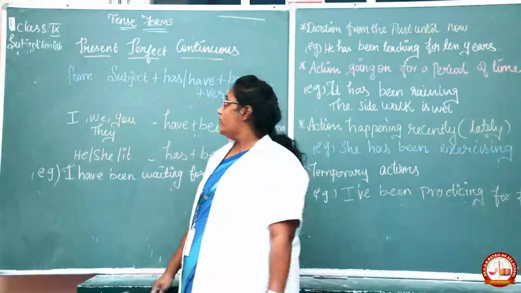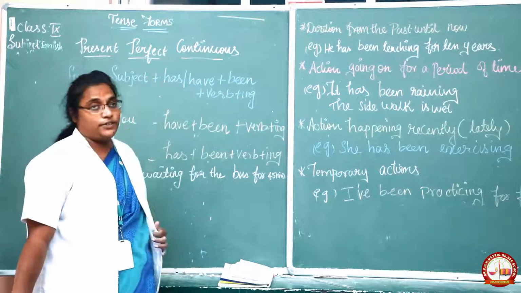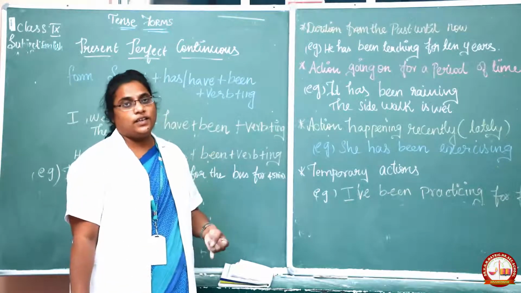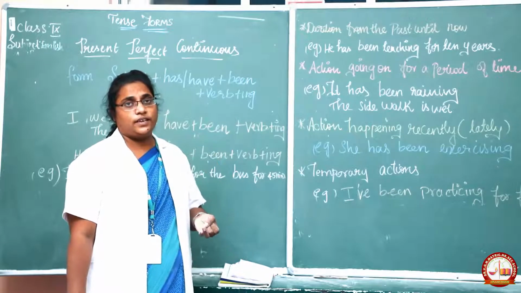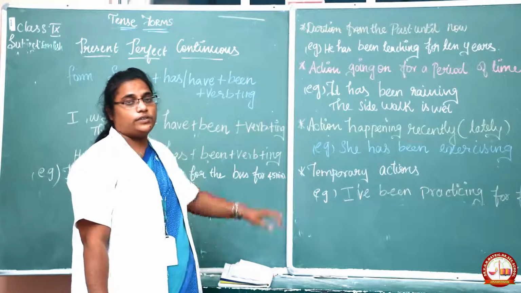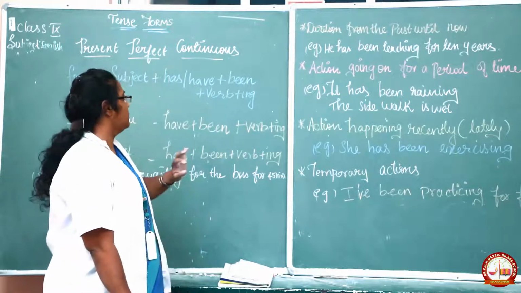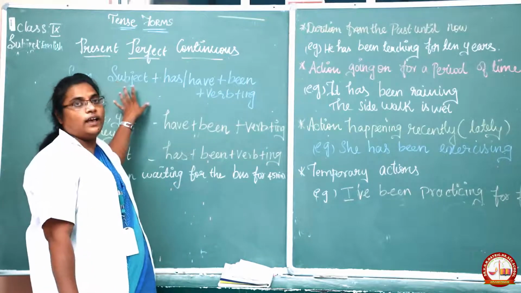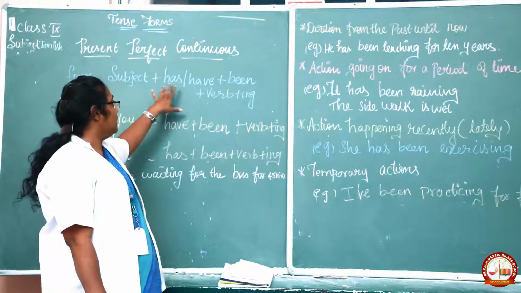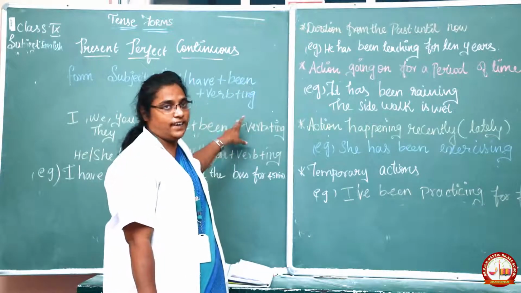Next, we are going to see present perfect continuous. Previously we have seen simple present tense, present continuous tense, present perfect tense, and the next one we are going to see is present perfect continuous tense. The formation for this is subject, then has or have, plus been, plus verb plus ing.